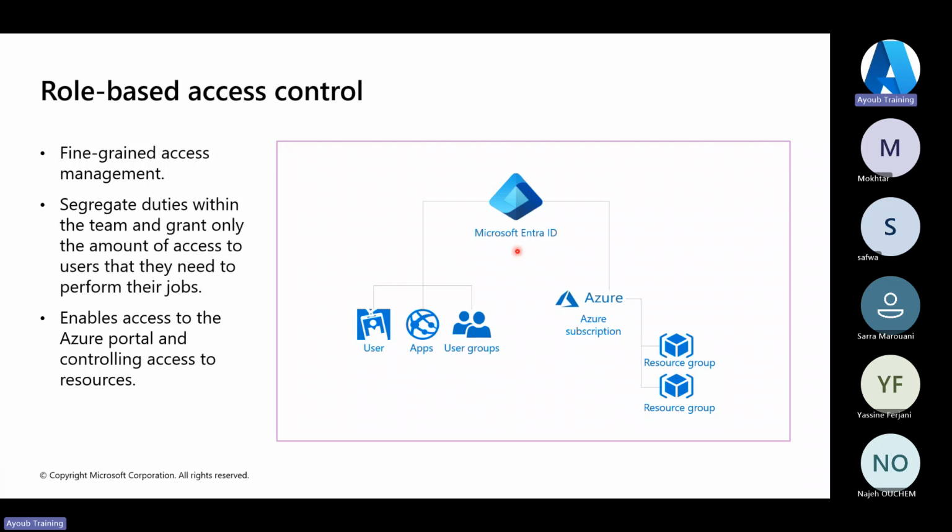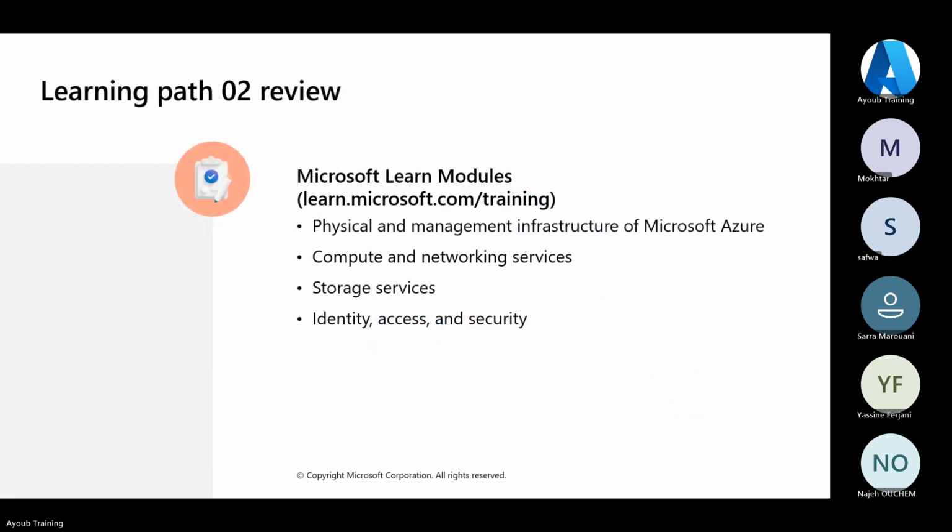Okay, so normally now module 2 is finished. If you remember, we talked about the physical and management infrastructure of Azure, and compute and networking services. Compute means virtual machines, web apps, function apps.